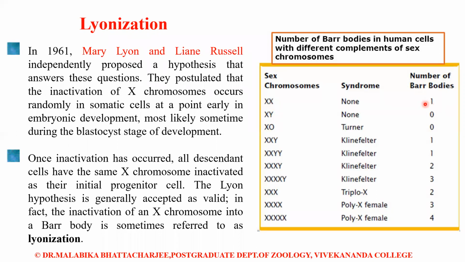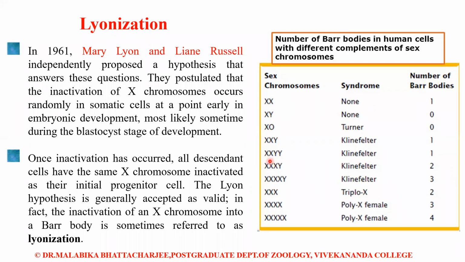So there will be 1 Barr body. In males, since there are fewer than 2 X inactivation centers, no Barr bodies. In Turner females, since there is 1 X inactivation center because the other is O, nullo, we have no Barr bodies. In Klinefelter, 2 X inactivation centers are observed. There are 2 X, 1 Barr body, even though there is a Y, there is a Barr body.